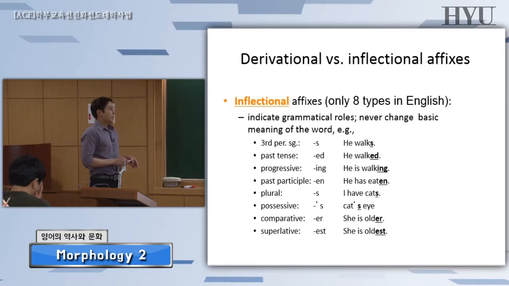The other class is what we call inflectional affixes. Inflectional affixes are of 8 types only in English, and they are grammatical. Okay, they are grammatical suffixes. So including tense suffixes like third person singular, he walks, singular present tense, past tense, ed, right?